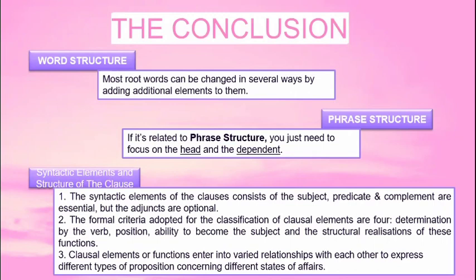Second, the formal criteria adopted for the classification of clausal elements are four: determination by the verb, position, ability to become the subject, and the structural realizations of these functions. Third, clausal elements or functions enter into varied relationships with each other to express different types of propositions concerning different states of affairs.